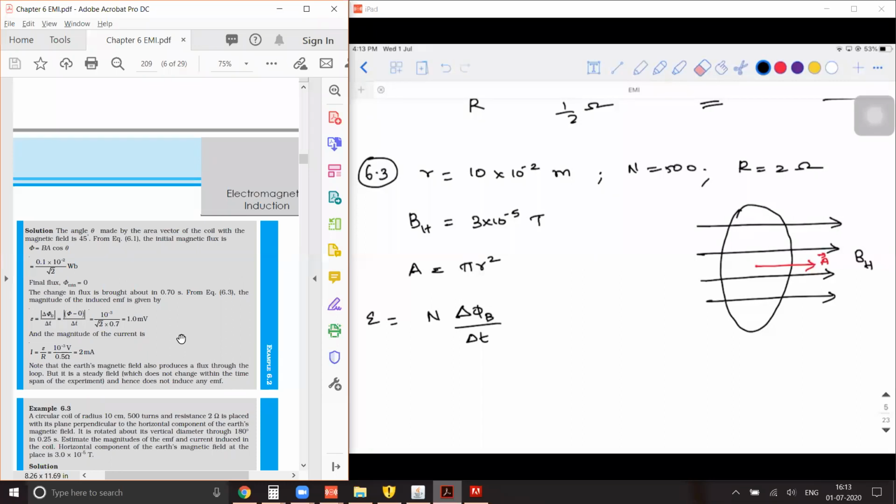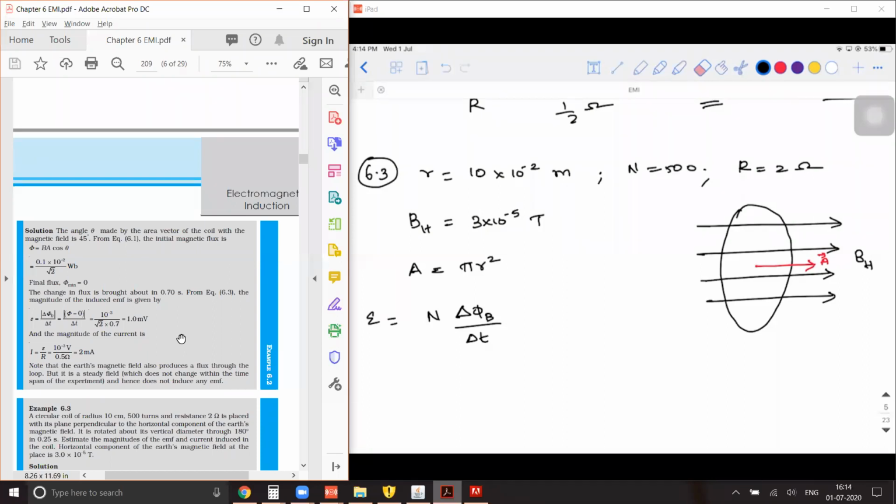Okay, tell me how to proceed. Sir, one initial doubt: is the initial angle taken as 0?